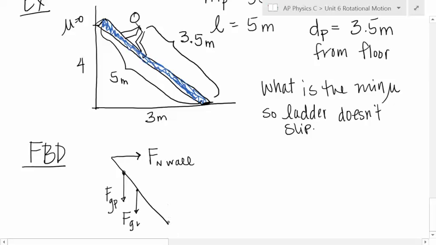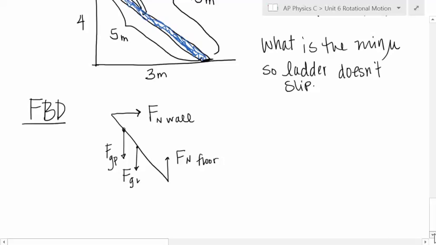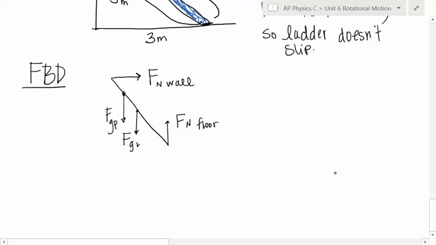There's also a force normal from the floor. And then if we don't want the ladder to slip out from under us, what do we also have to have between the ladder and the floor? A friction force. So we've got a force of static friction along the floor.